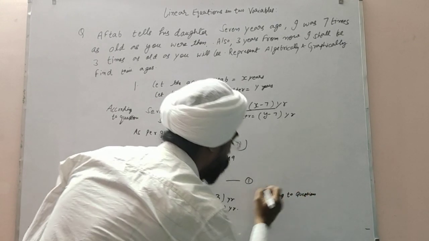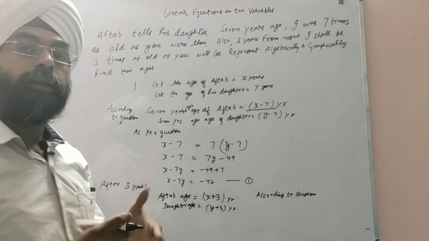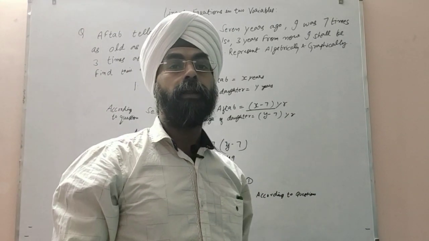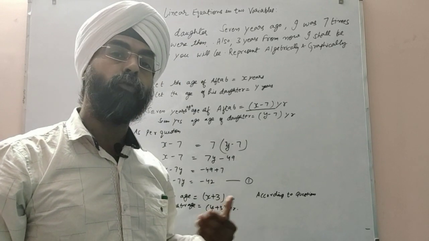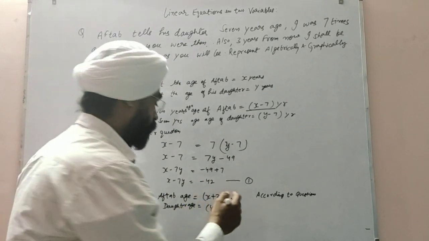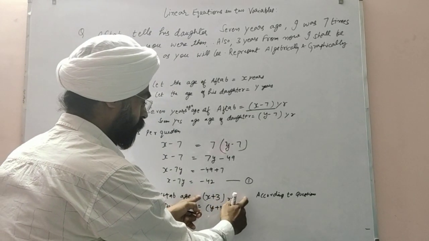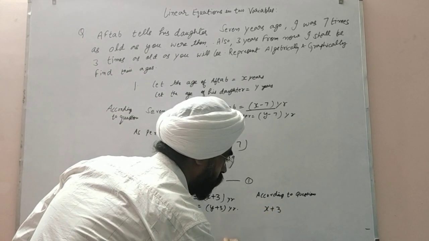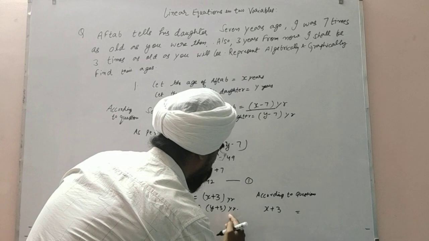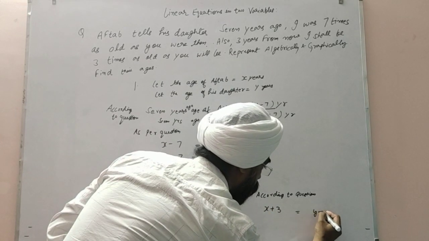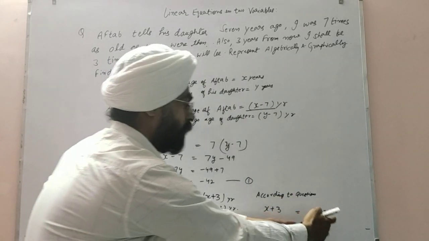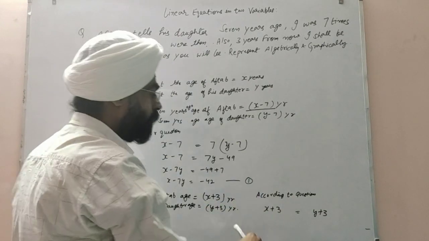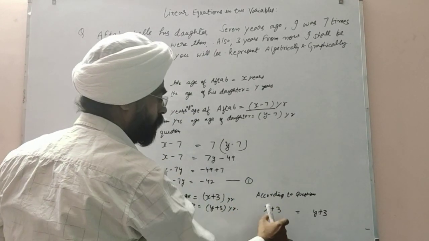it is saying who will be the elder. Again Aftab is the elder person, he is the father, he will always remain elder. Aftab's factor will come towards the left hand side of the equation. X plus 3 is the larger quantity, and towards the right hand side, y plus 3 is the smaller quantity. Now what is the factor?